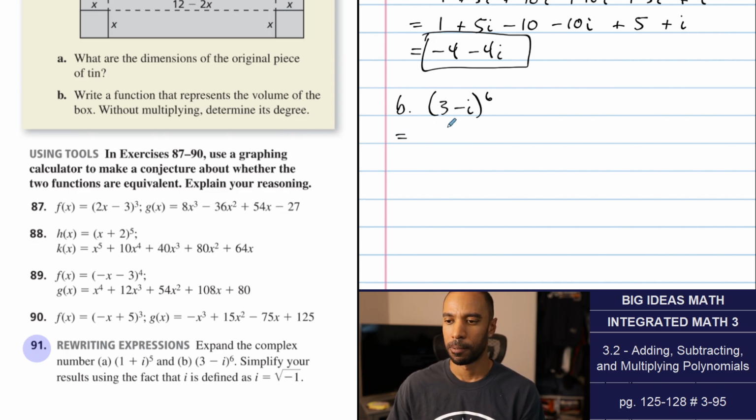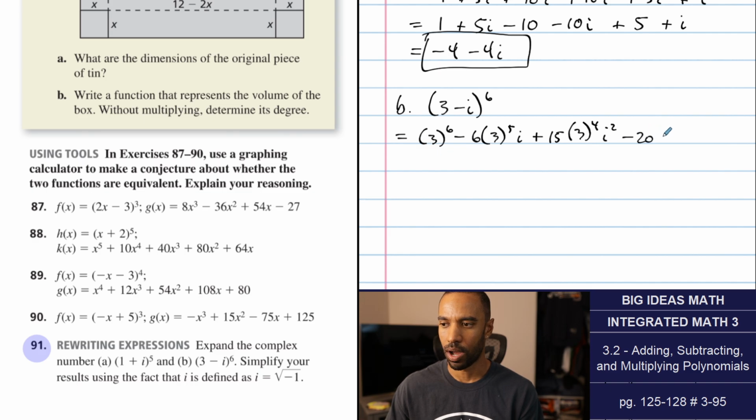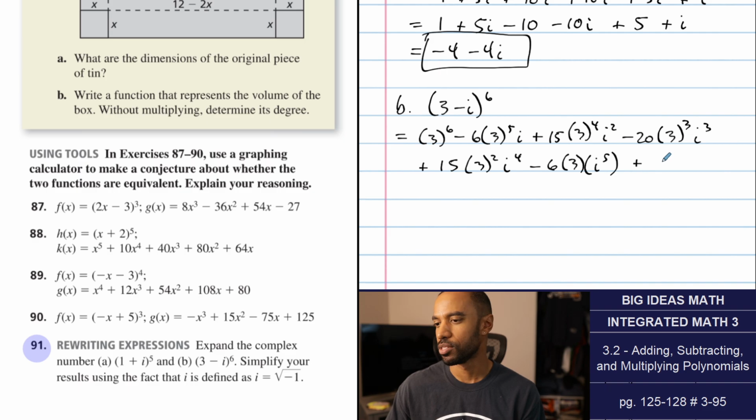All right, so this is 3 to the 6th minus 6 times 3 to the 5th times i plus 15 times 3 to the 4th i squared minus 20 times 3 cubed times i cubed plus 15 times 3 squared times i to the 4th minus 6 times 3 times i to the 5th. Whoops, I don't know why that one's in parentheses. Plus i to the 6th.